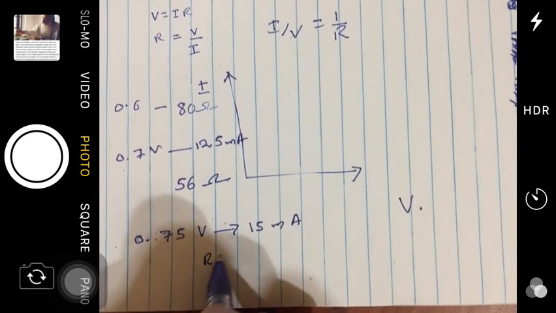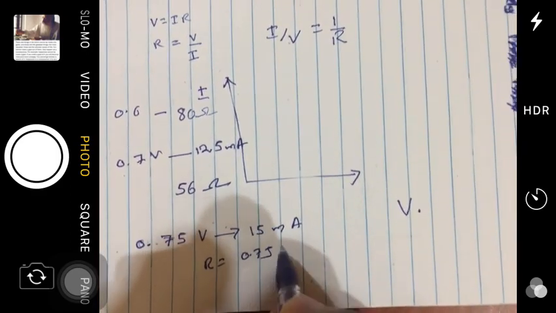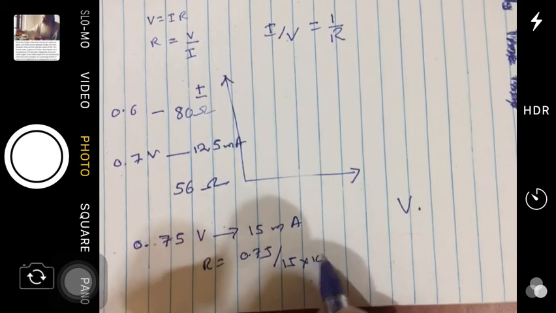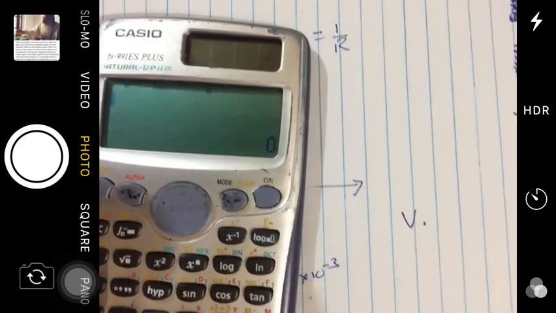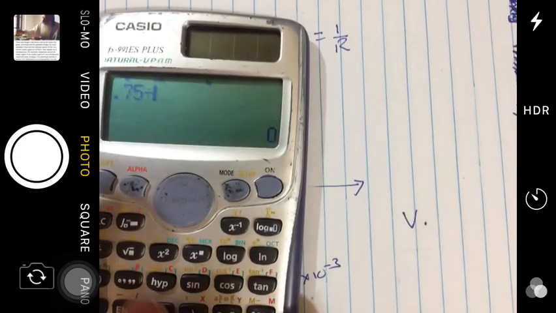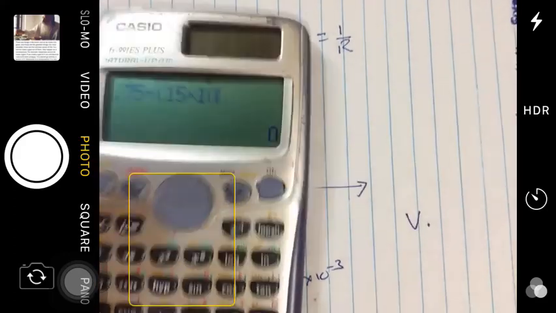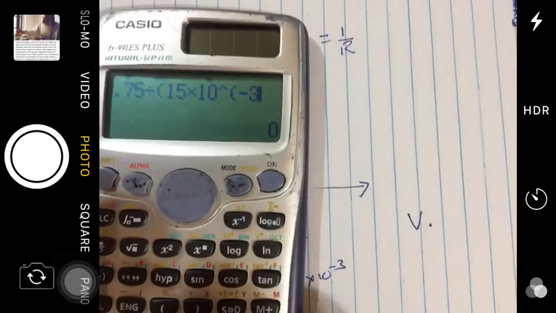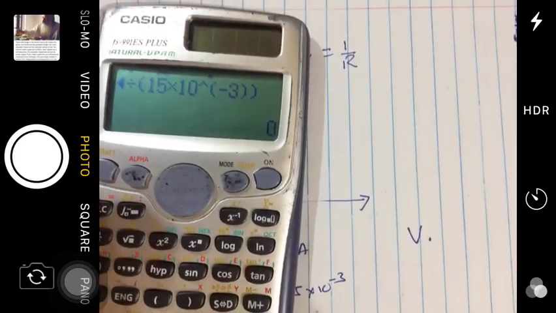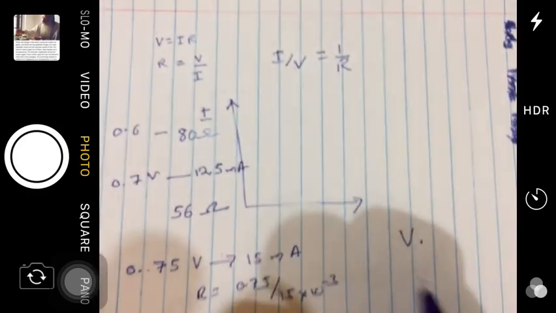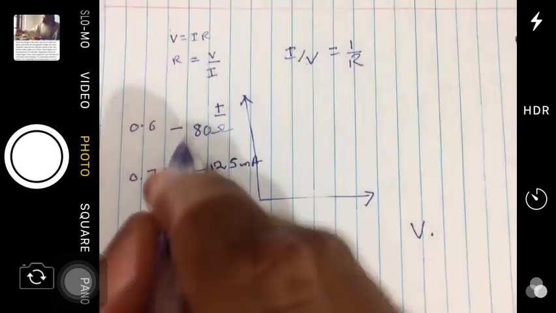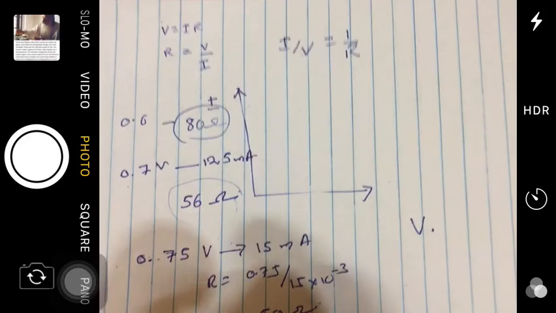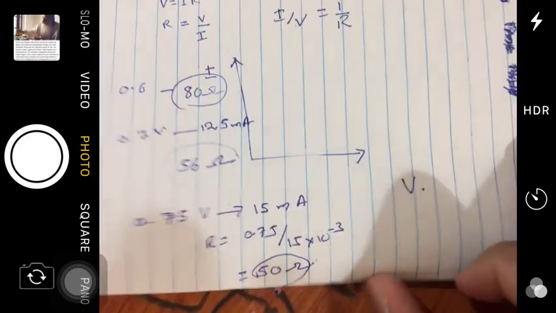So the resistance is 0.75 divided by 15 times 10 to the power minus 3. That is 50 ohms. So again the resistance has decreased. So 80, 56, and now 50 ohms.